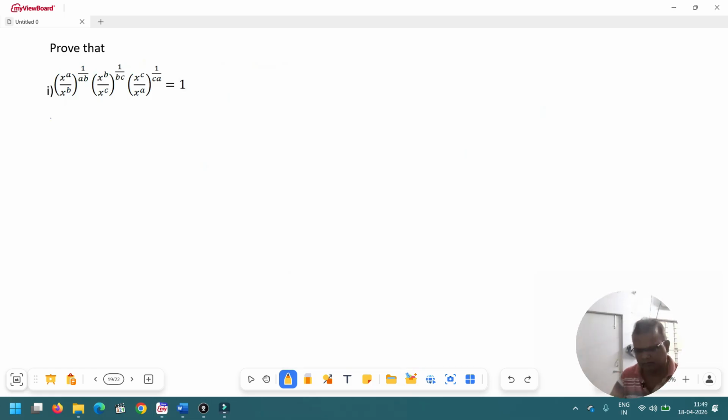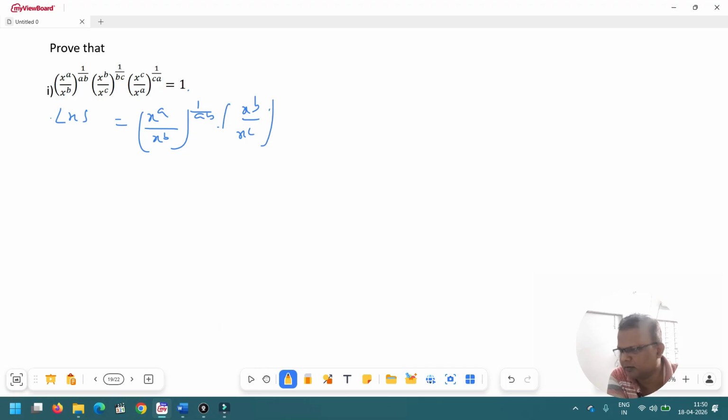We have to prove that, considering the LHS part: x to the power a by x to the power b, to the power 1 by ab, into x to the power b by x to the power c, to the power 1 by bc, into x to the power c by x to the power a, to the power 1 by ca.